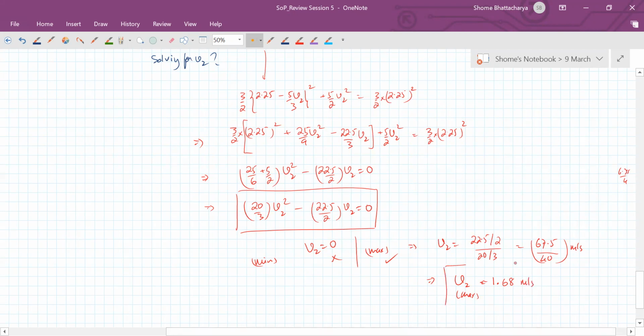So this will become the maximum speed for the block.